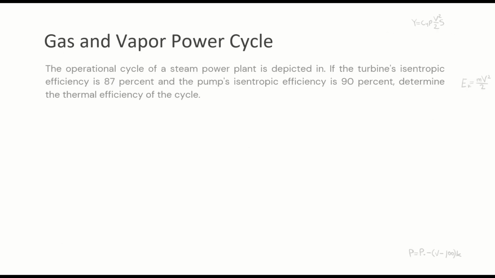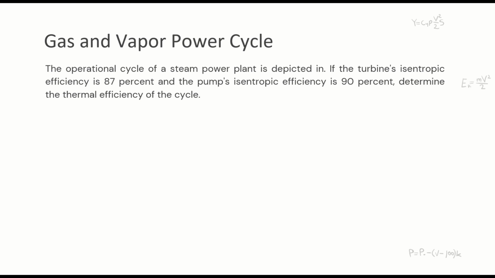Problem number 2. The operational cycle of a steam power plant is depicted. If the turbine isentropic efficiency is 87% and the pump's isentropic efficiency is 90%, determine the thermal efficiency of the cycle.